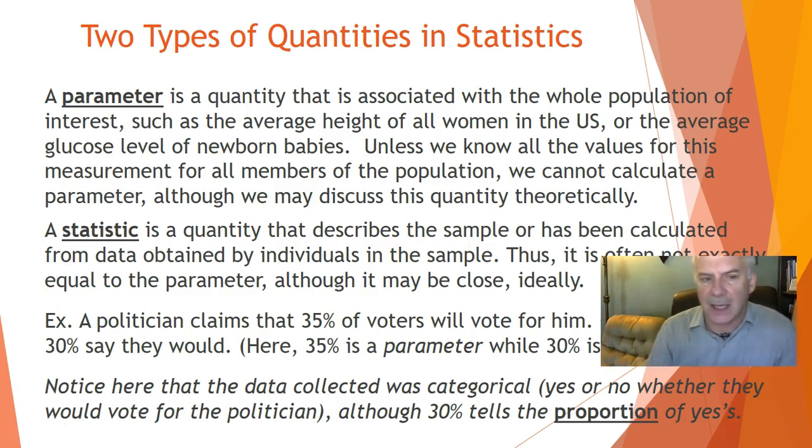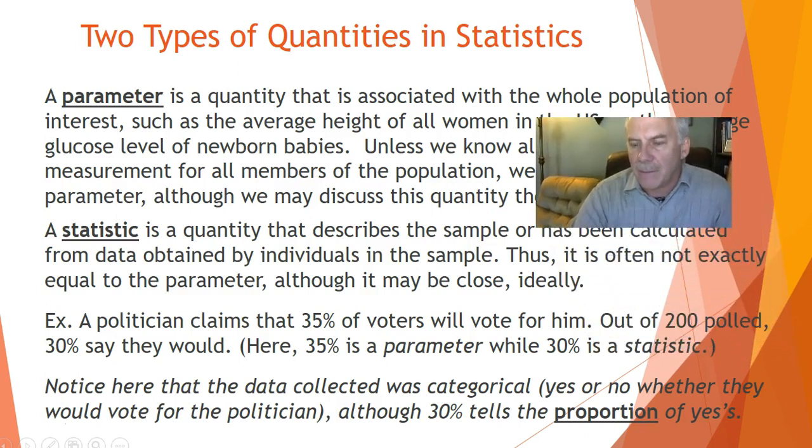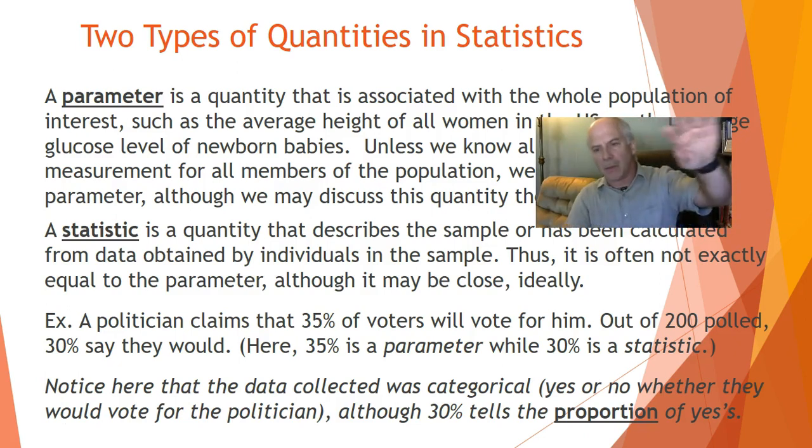Now, a statistic is a quantity that describes the sample or has been calculated from data obtained by individuals in the sample. Thus, it is often not exactly equal to the parameter, although it may be close, ideally. So let's say we have this glucose level of newborn babies parameter.